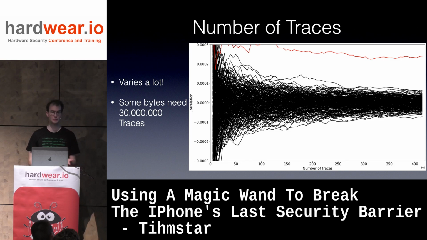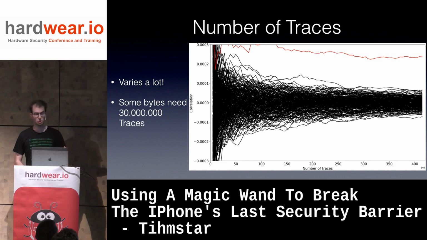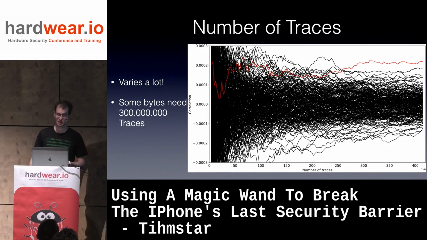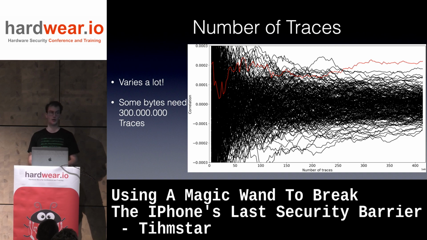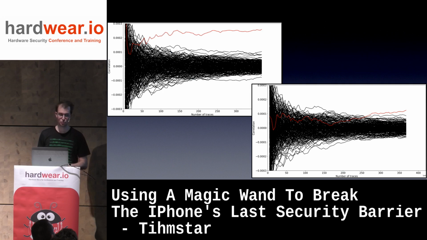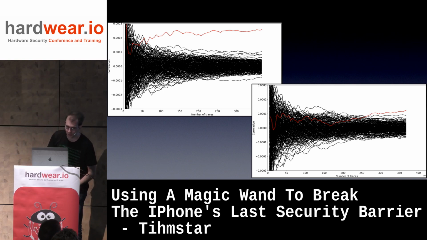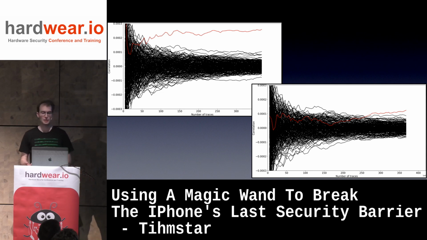So you can see this is extremely good leakage. If you're not so lucky, some bytes will need 300 million traces to be recovered. Here are 2 more examples, and you can see, okay, the top one we got lucky again, we don't need a lot, and the bottom one we need like 300 million again to get that reliably.